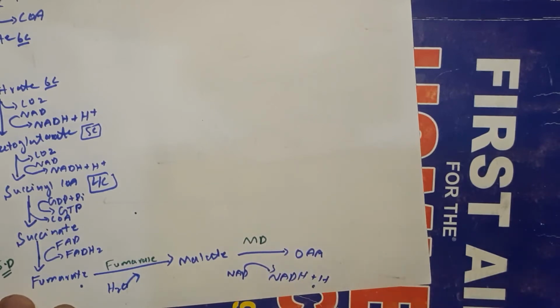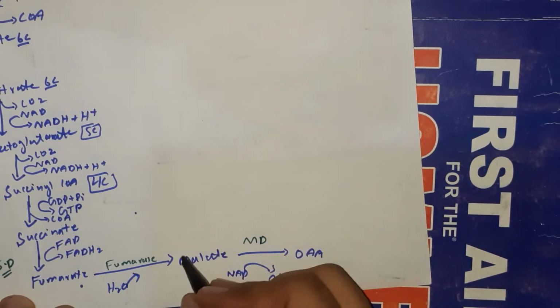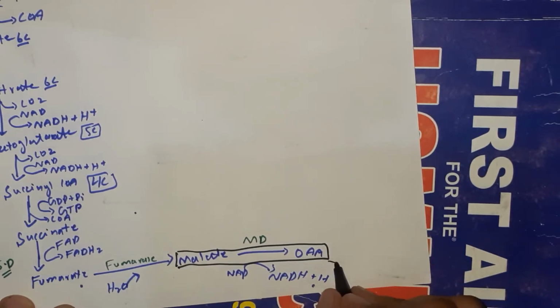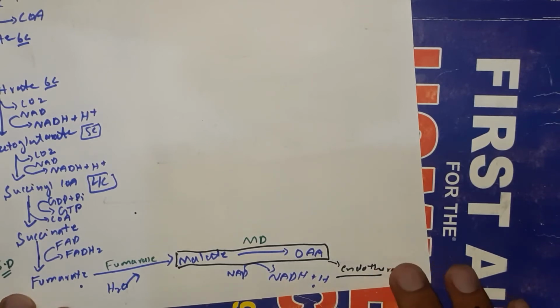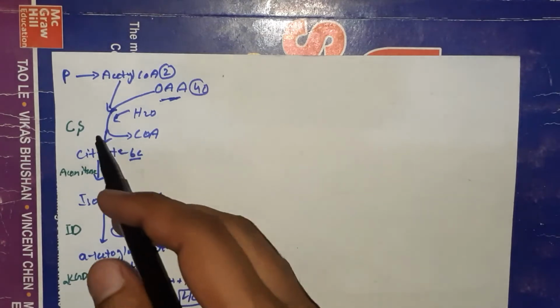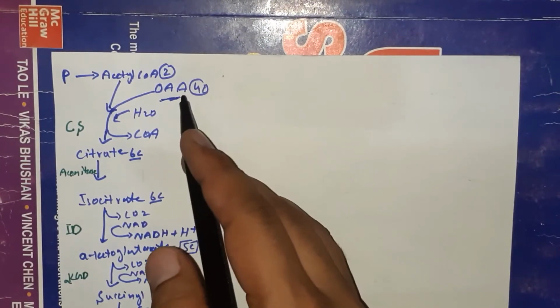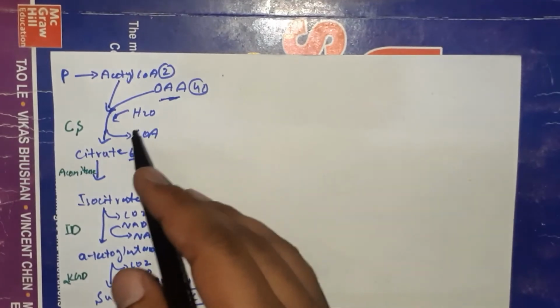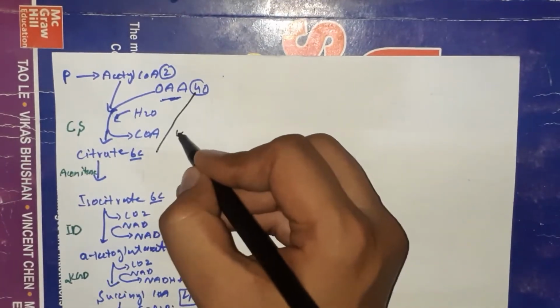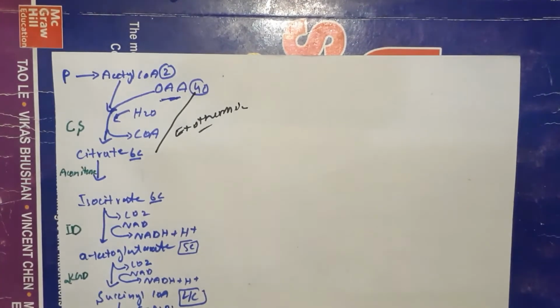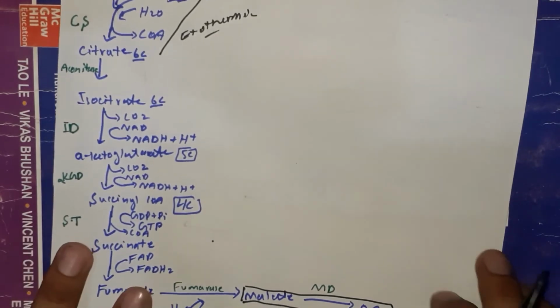Keep in mind one of the important MCQs: the conversion of malate to oxaloacetate is not a spontaneous reaction, it is instead an endothermic reaction. But the direction of TCA cycle is always forward, because the first reaction, the citrate synthase reaction, the formation of citrate from acetyl CoA and oxaloacetate, is an exothermic reaction, and this is strong enough to drive this endothermic reaction in the forward direction.